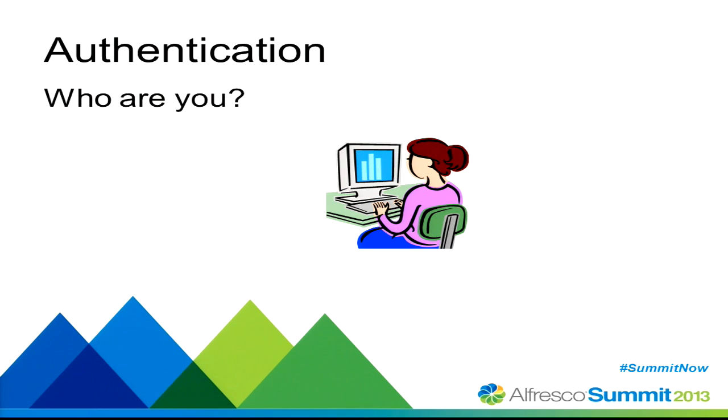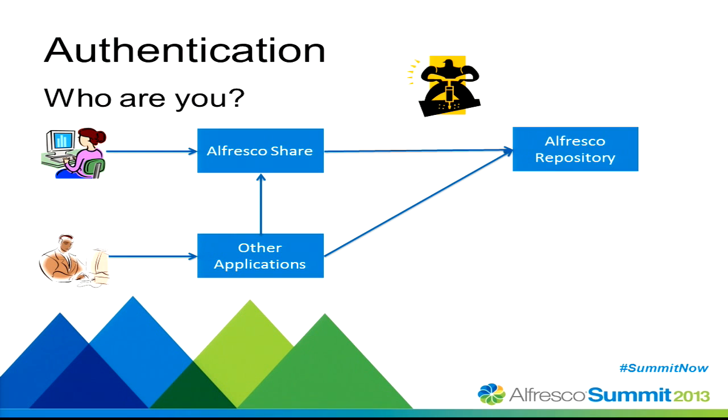Things get a bit more complicated in the real world because of this chap up here who would like to use your Alfresco system, and he will try and pretend to be you and get access to your data.